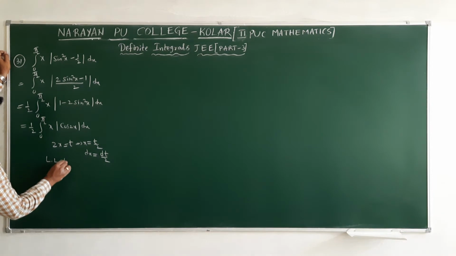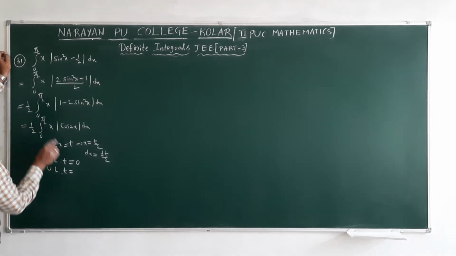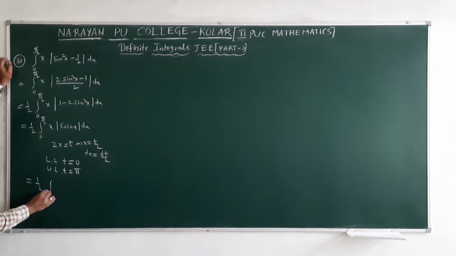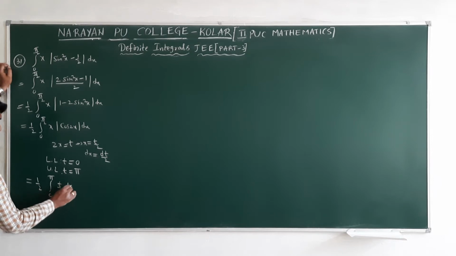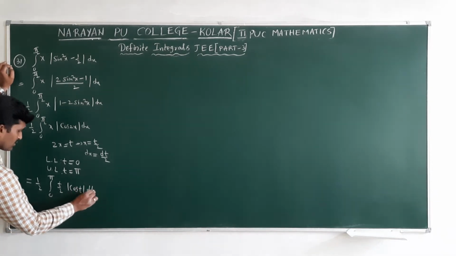Lower limit: t is 2 into 0, that is 0. Upper limit: t equal to 2 into pi by 2, that is pi. 1 by 2 into integral 0 to pi, x value is t by 2, modulus of cos t into dt by 2.